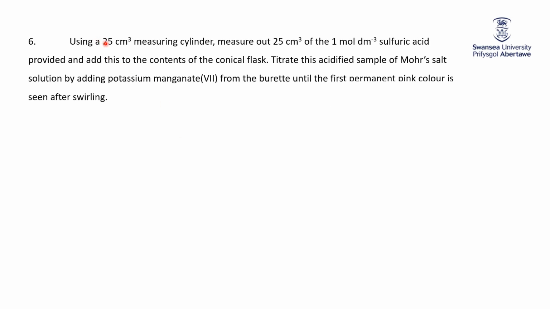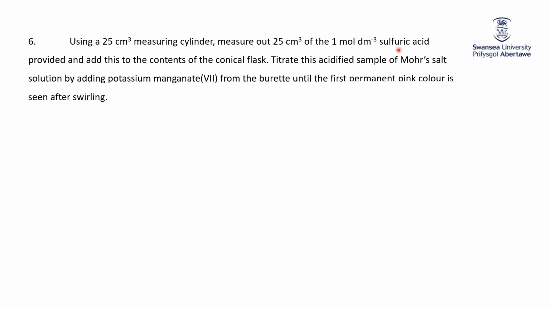So next step, using 25 cubic centimeter measuring cylinder, measure out 25 mils of Mohr acid in there. Fast question I would have had for you if you had been here in person. Why am I using a measuring cylinder for an acid? A measuring cylinder is precise to within plus or minus 1 cubic centimeter, whereas for the Mohr's salt I use the graduated pipette, much more precise to within 0.1 cubic centimeters. What's the difference?